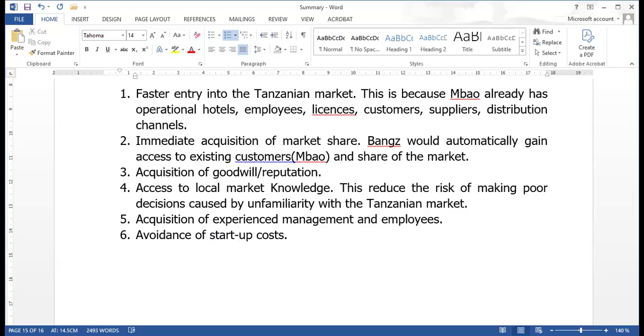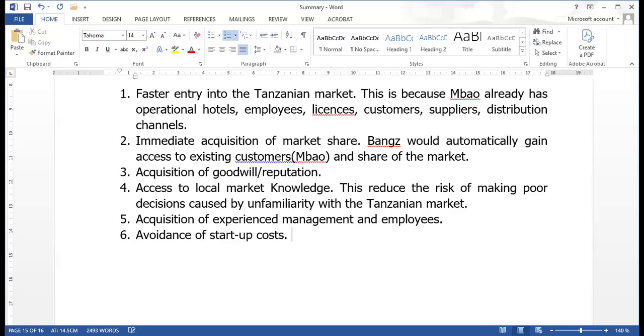The business is already in existence. So that operating business will be with most of the facilities and systems in place. So that reduces the additional amount of expenditure that you would have to incur to enter the Tanzanian market.